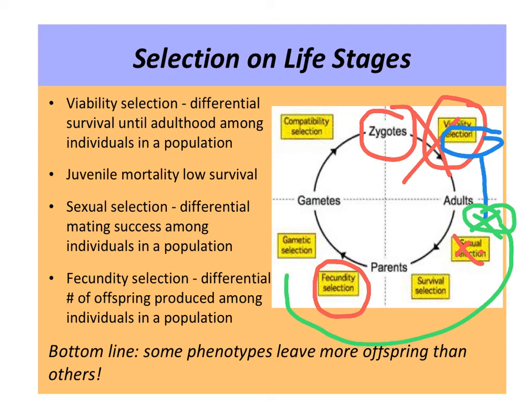Some sperm swim better, all kinds of different things. So in the life stages of going from a zygote dividing into an embryo, being born, developing into an adult, and then breeding, there are different selective pressures during different life stages. Some phenotypes leave more offspring than others, ultimately.